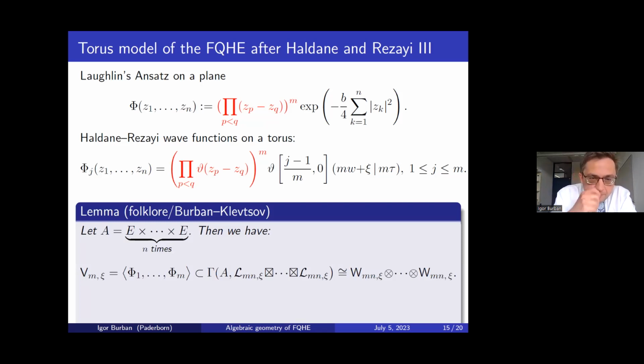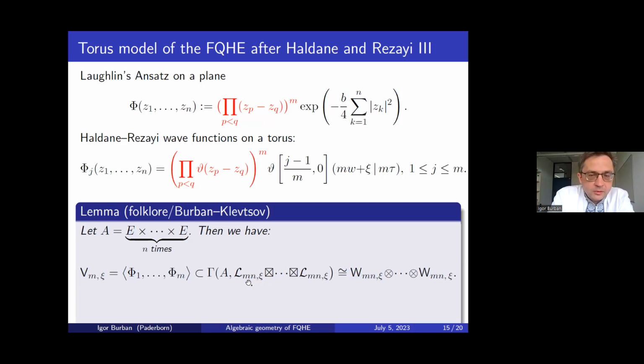Firstly, these wave functions of Haldane and Rezayi are actually wave functions of an n-body system. So what is written here? I have an abelian variety A, which is a product of n copies of my torus. On my torus, I have a line bundle, and then I take the exterior tensor product of line bundles.